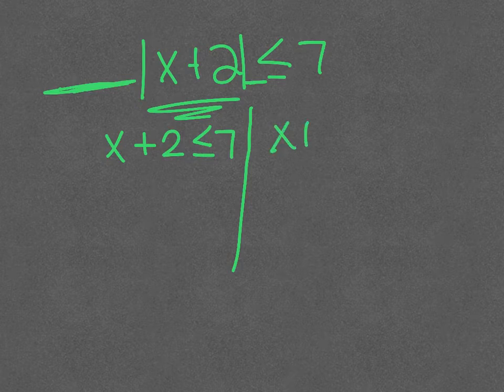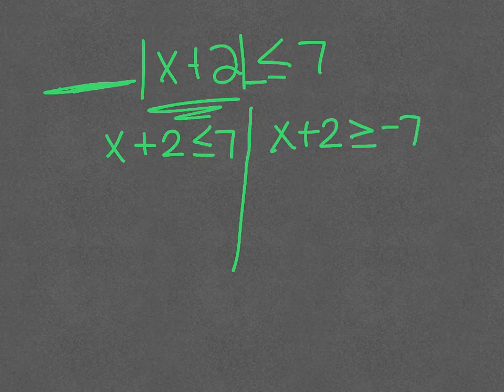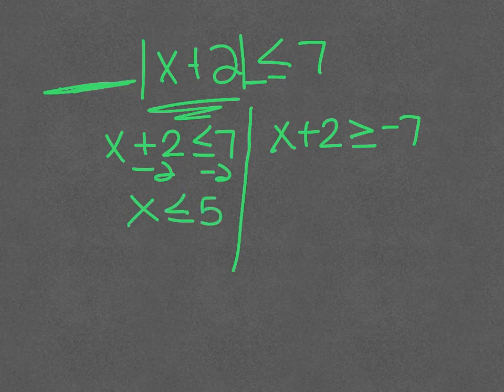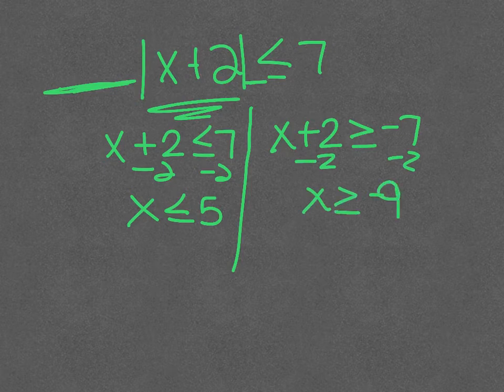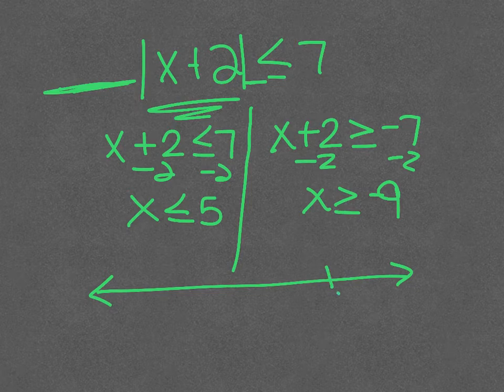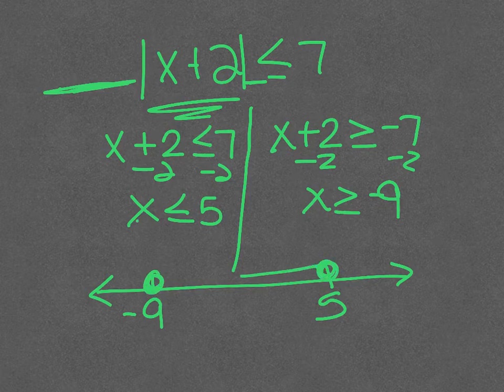And then we're going to write it again, reverse the sign and put the opposite down. So now we're going to solve. Minus 2, so x is less than or equal to 5. Minus 2, so x is greater than or equal to negative 9. On a number line, we've got 5 and negative 9. They're both solid circles, and x is less than 5 and x is greater than negative 9.